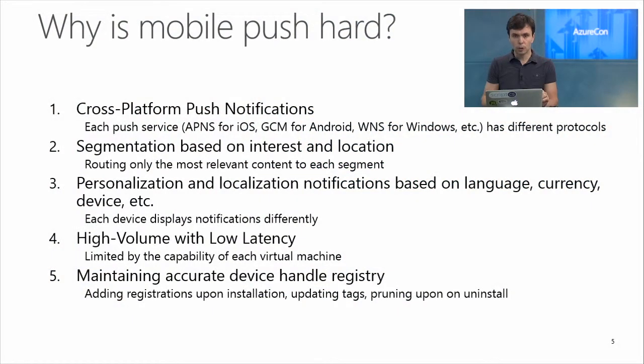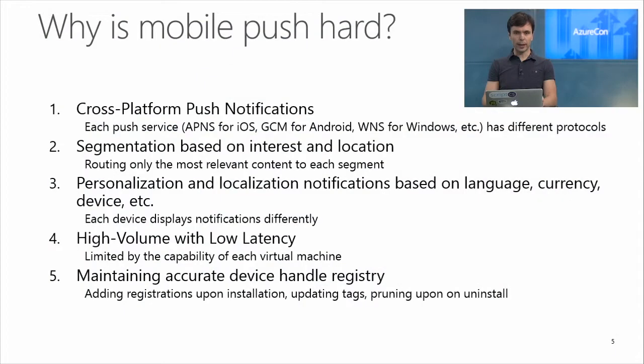In real life, your app is likely to need to work on multiple platforms: iOS, Android, macOS, Windows. So you need to learn how to talk to different protocols for each one of those platform notification services. You need to understand specifics of push notifications for a variety of these platforms. You need to maintain a mapping between the physical device handles and logical groups and logical users.